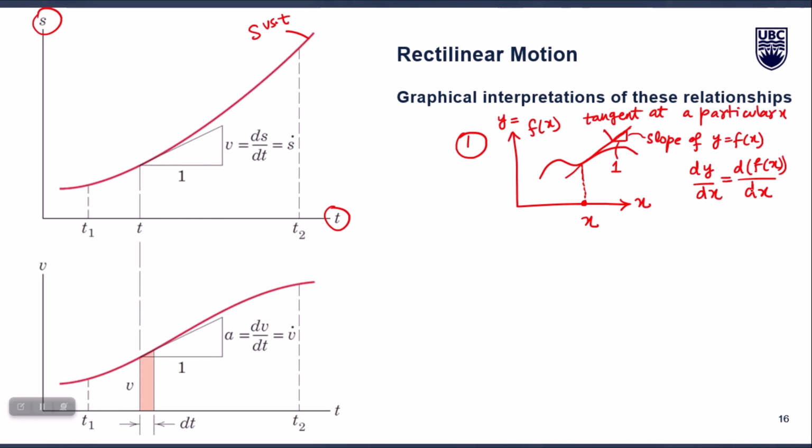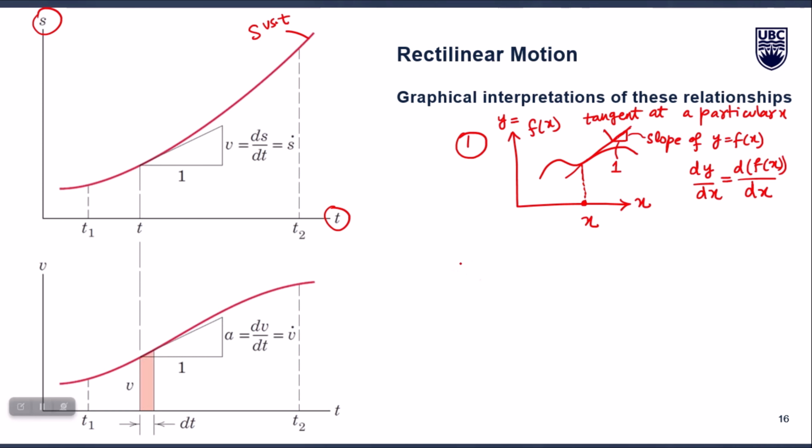That is the first information which you can recall from basic calculus, that whenever a function is plotted, you can take the slope at any particular value of the independent variable, and that slope of that tangent will be represented mathematically as the first derivative of that particular function with respect to the independent variable, in this case the derivative of y with respect to x.